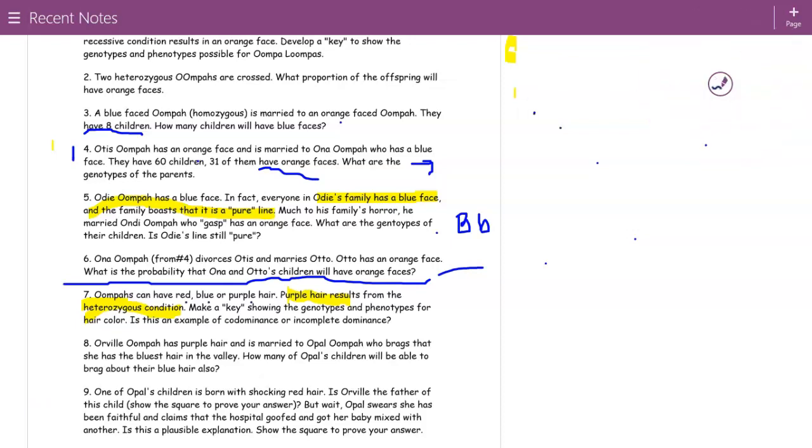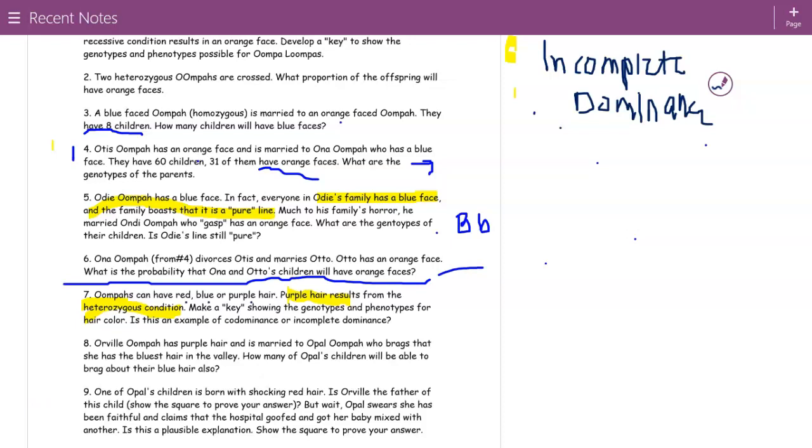Okay, this is incomplete dominance, that you have an intermediate condition. So make a key showing genotypes and phenotypes for hair color.